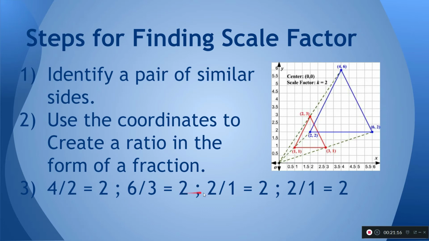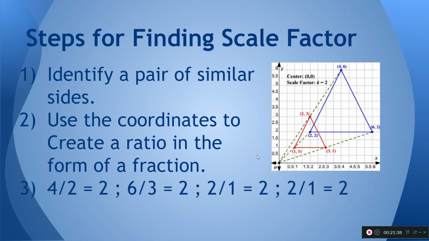Well, that equals 2. We've got 2 over 1. Well, that equals 2. 2 over 1, also 2 again. So likewise and so forth, we end up with the scale of 2. And you check that out. You make sure that it's true all the way around. If it's not, then we do not have similar figures.